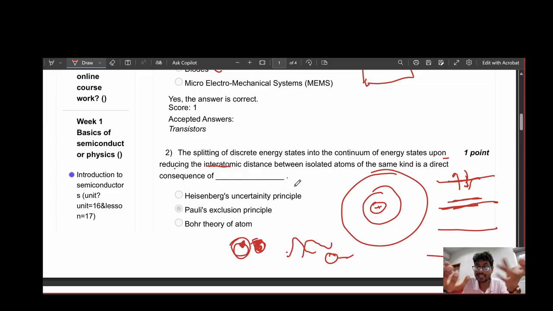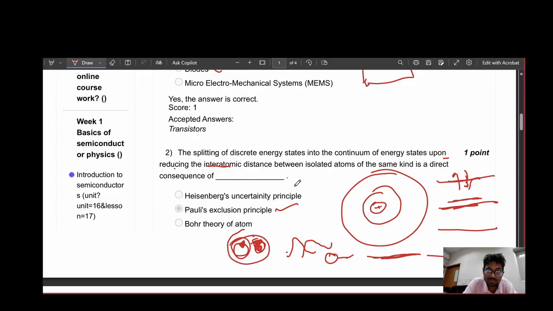But when they interact and form a system of two atoms, the energy level has to split because no two electrons can have the same set of quantum numbers, and that is because of Pauli's exclusion principle.